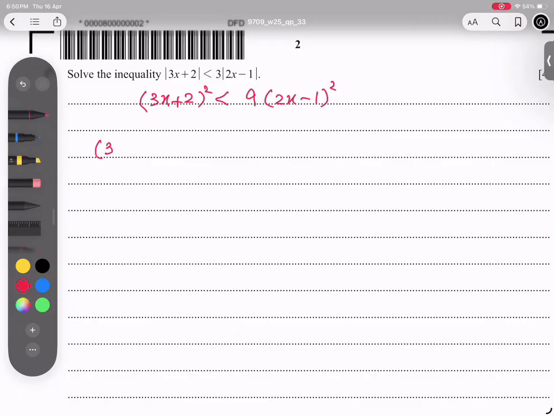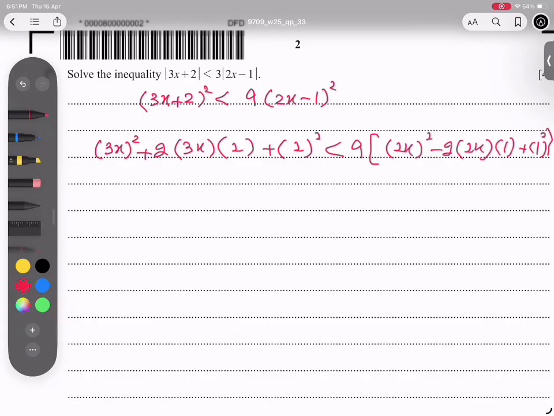So squaring identity: first term square, first into second term, and plus second term square. Same story here. So I got 9x to the power 2, 6 to the 12x, and plus 4, 4x to the power 2, minus 4x and plus 1.